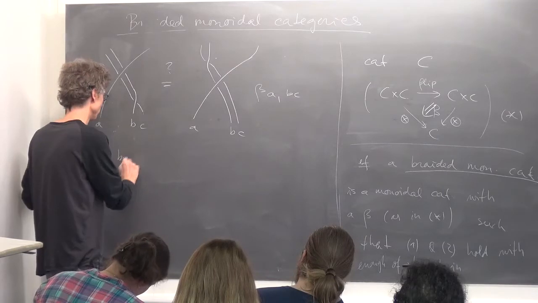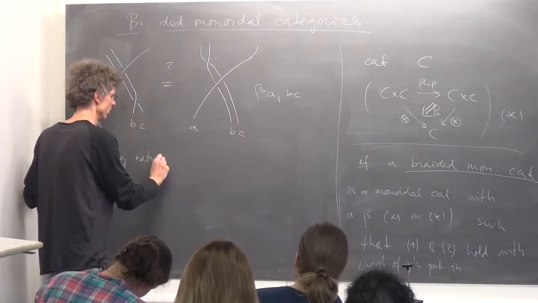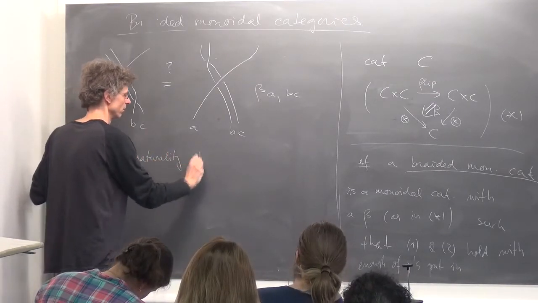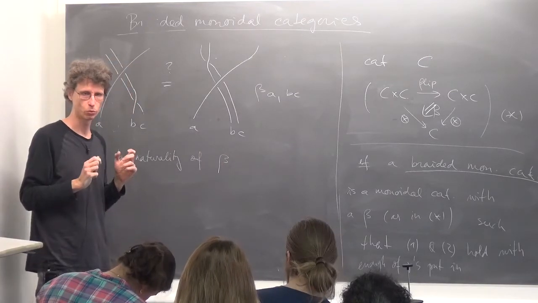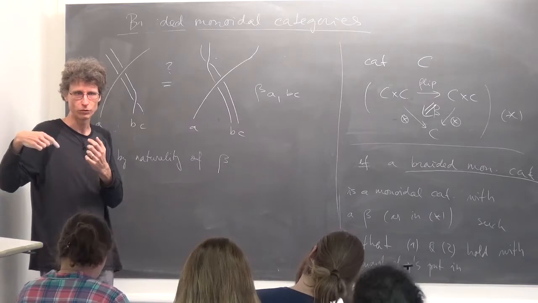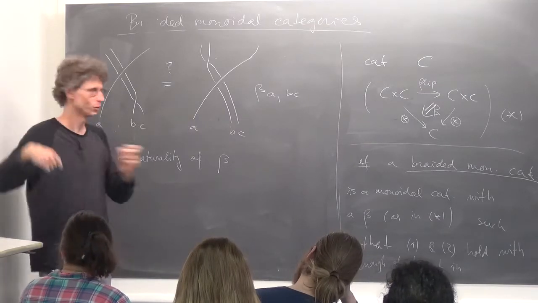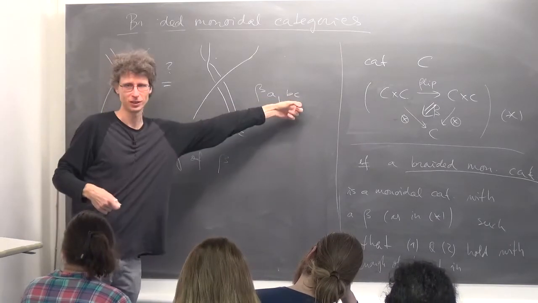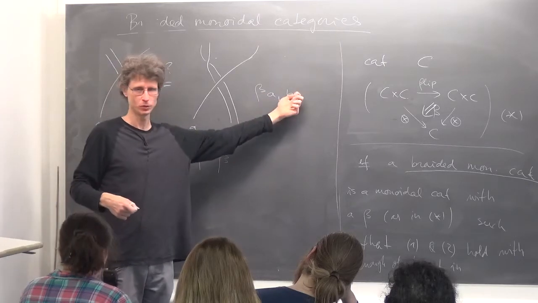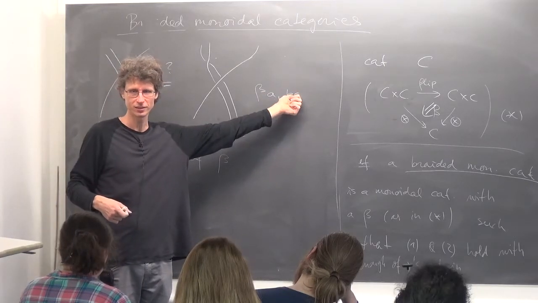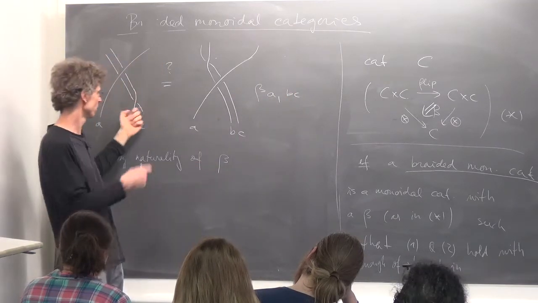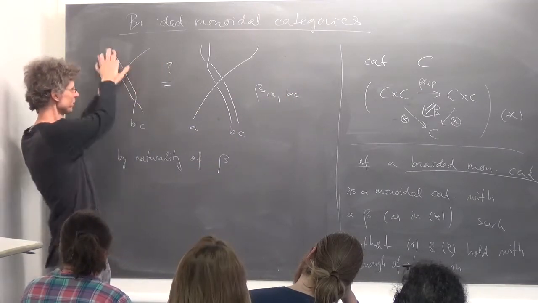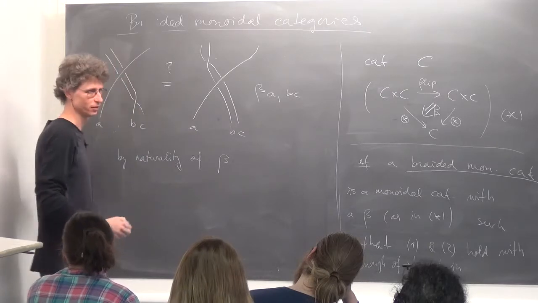So, beta is a natural transformation, so it's going to commute with any morphism which might be applied on one of those sides. Here I'm applying the morphism which is happening here. Which one is it? It's beta BC.